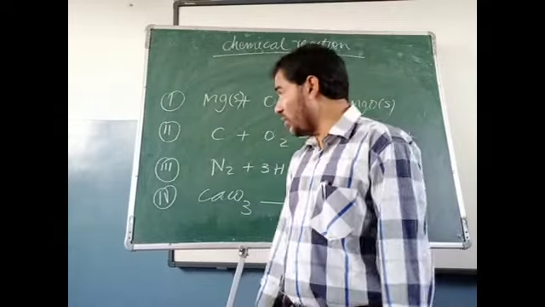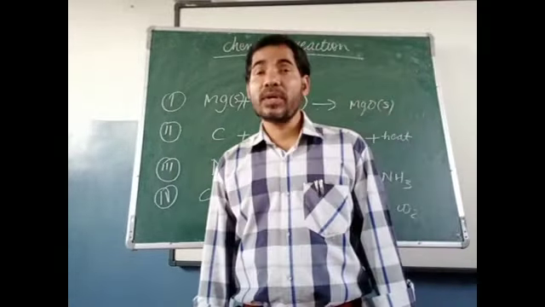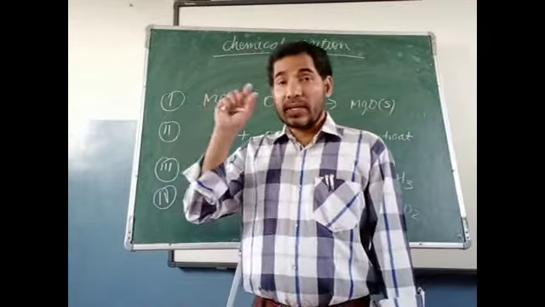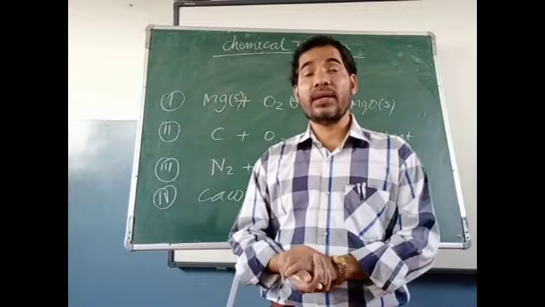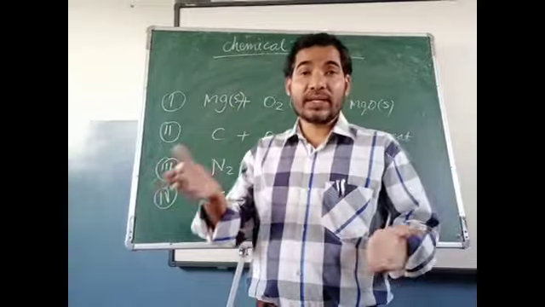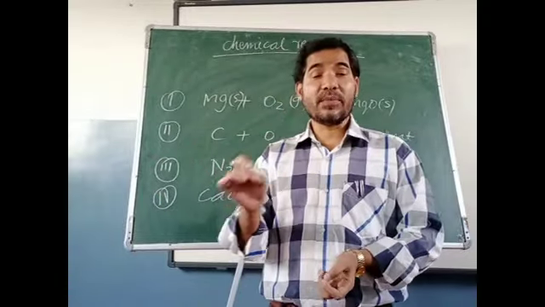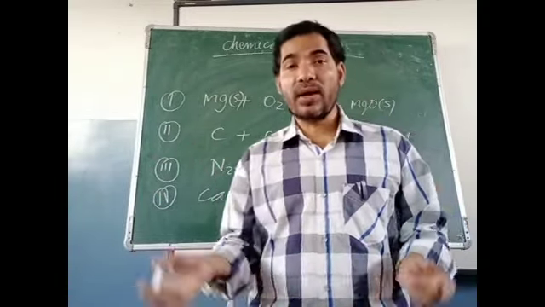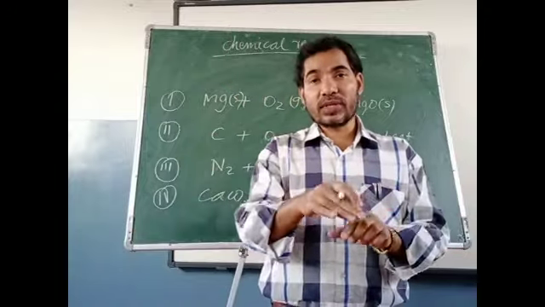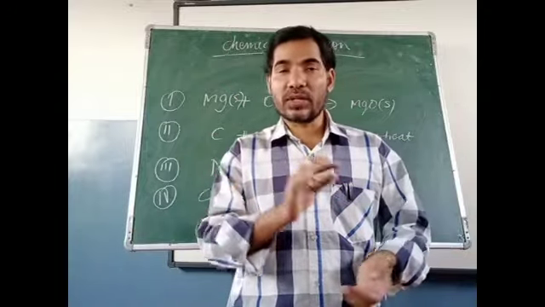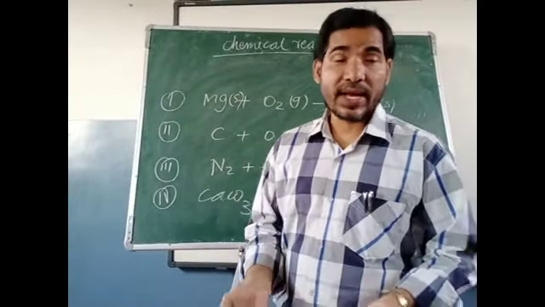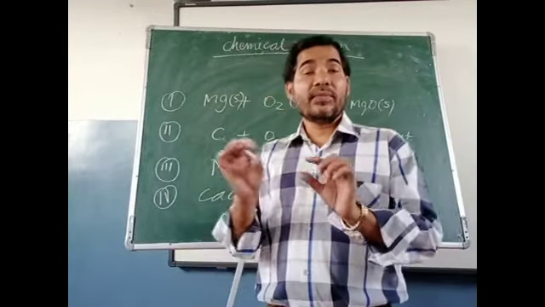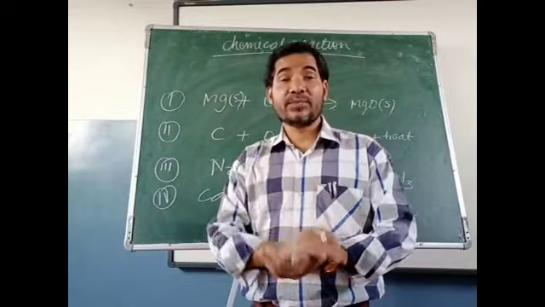Once again, I am going to repeat it. What is the importance of chemical equation? By using chemical equation, we can identify the physical state of reactants or products. We can identify which chemical reaction is exothermic and which is endothermic. Next, we can identify where the conditional chemical reaction is present.